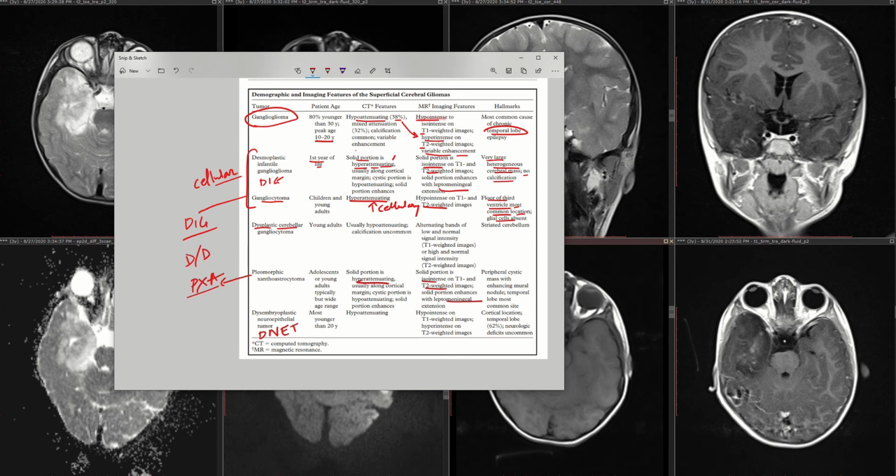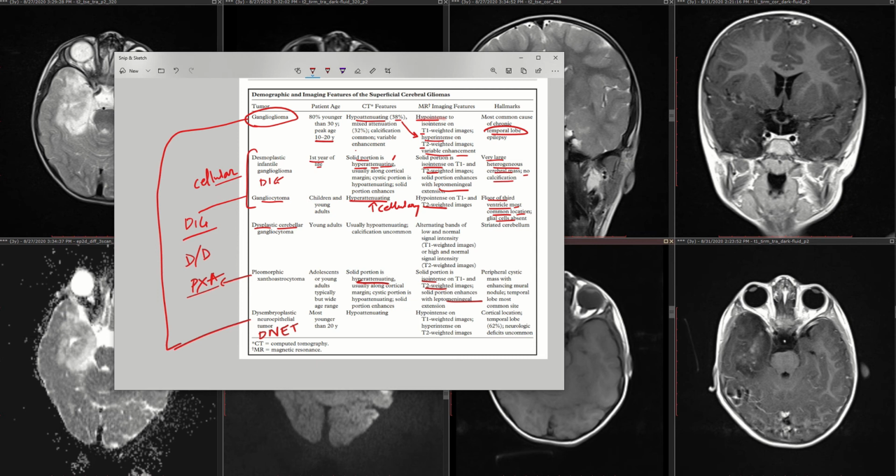It is located in a cortical location in the temporal lobe, and neurological deficits are uncommon. So DNET becomes a close differential of ganglioglioma, both of which are located in the temporal lobe. Both of them are hypoattenuating on CT, and both won't cause much neurological deficit.